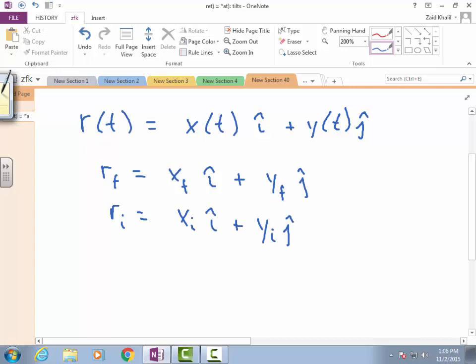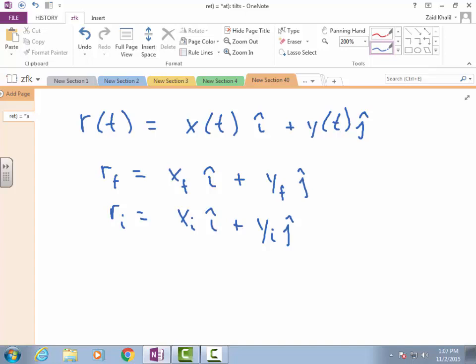And what did I just do here? All I did was take this vector. I can erase this coordinate system now and just look at this coordinate system. Maybe I'm better off just redrawing it. This is r_i, this is r_f, right? All I'm doing is taking r_i and decomposing it into its components, x_i, y_i.